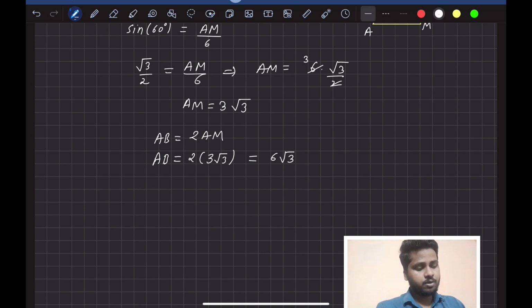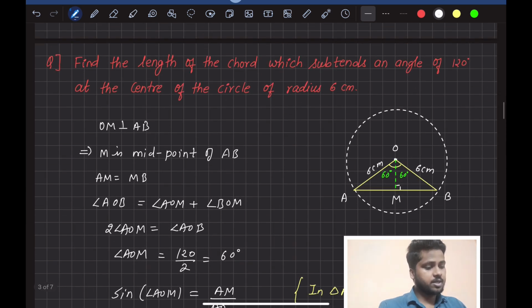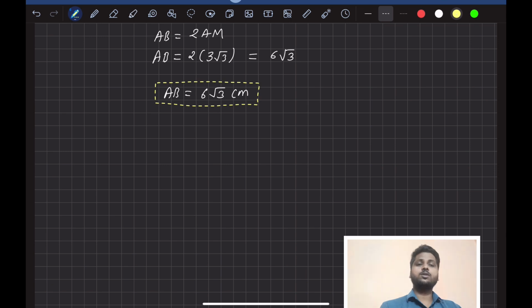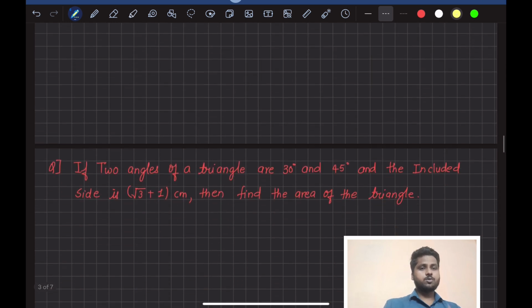So AB value will be equal to 6 root 3. I think it is centimeter or something else. Yes, centimeter. So here you can write centimeter, the unit of that value. Clear? So the chord will be 6 root 3 centimeter. I hope it is very clear to all of you, everyone. Okay, let us go for the next question.